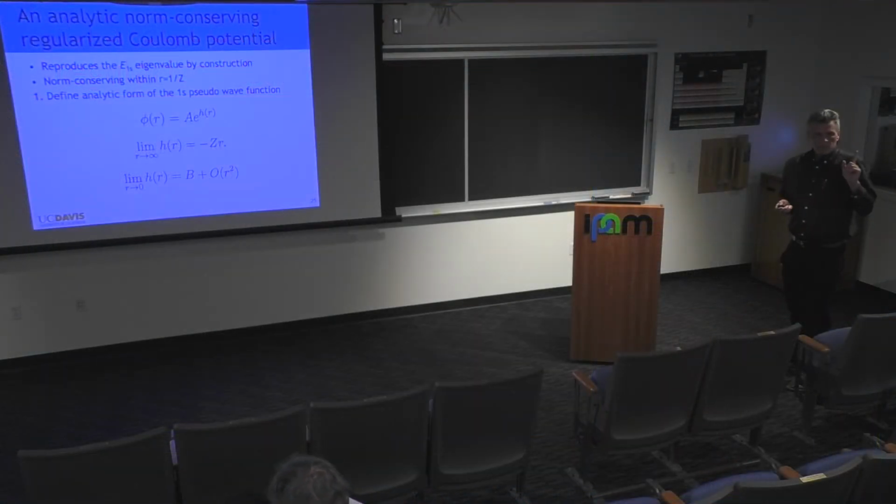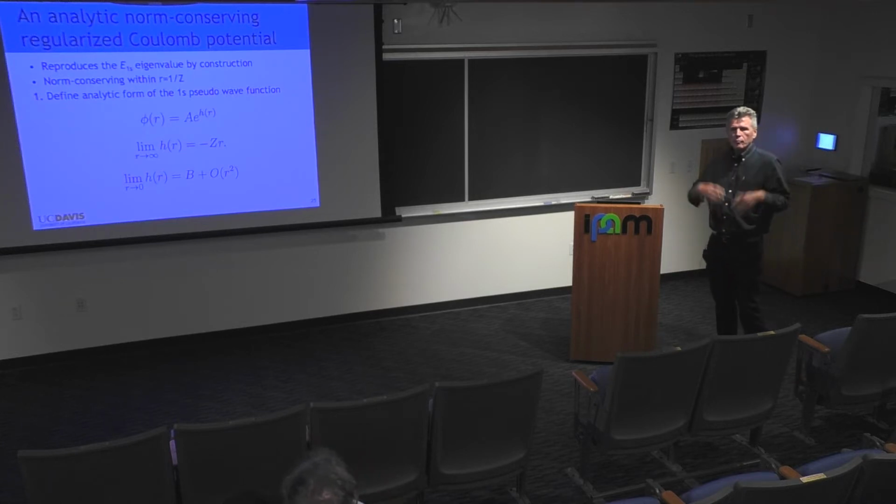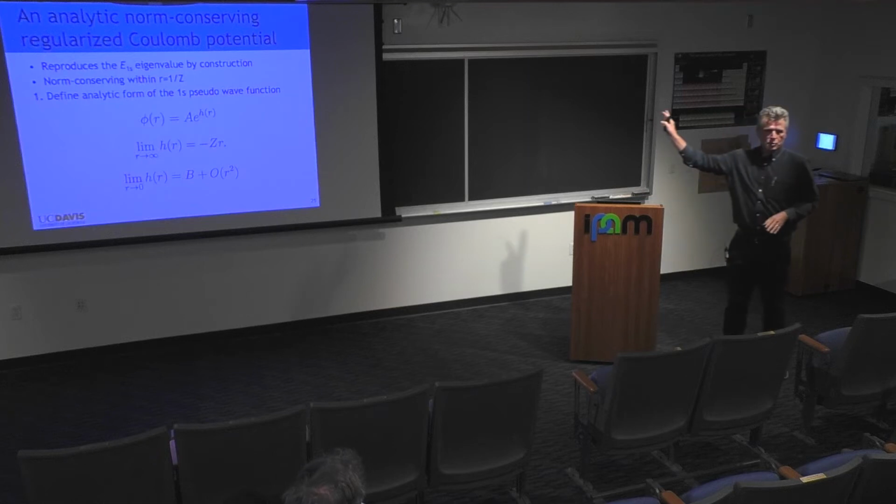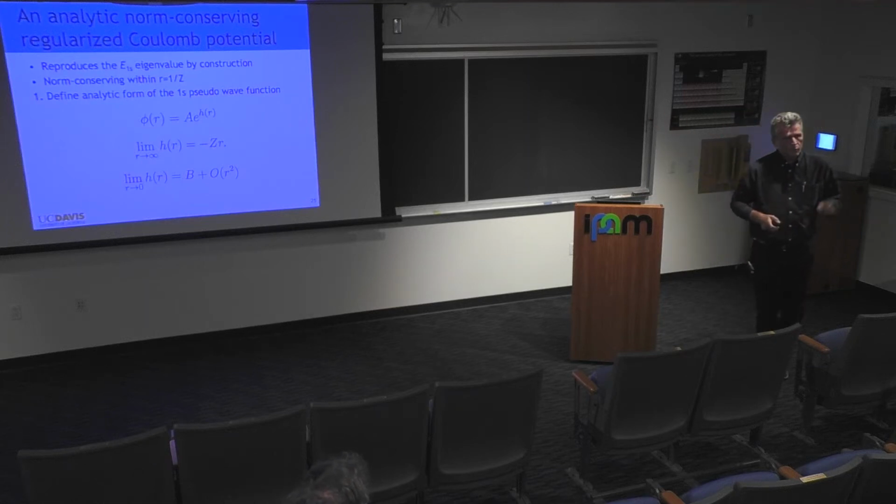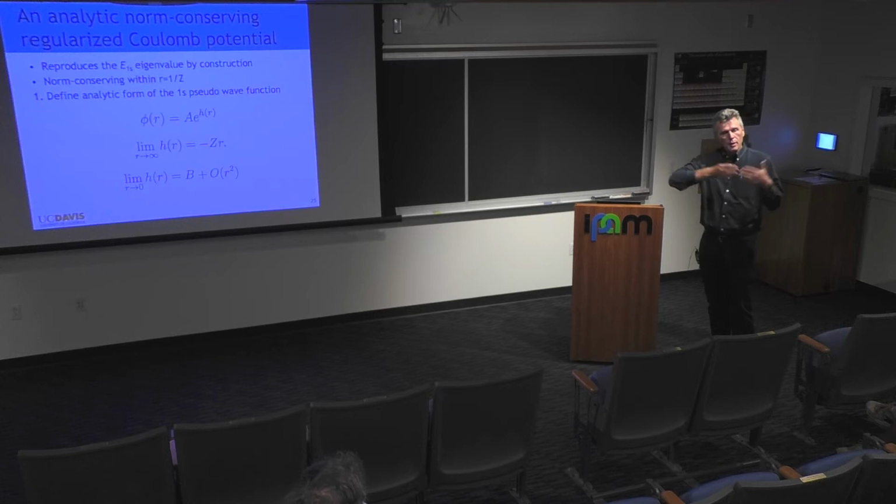But also, and that's a very important feature of this potential, it's norm-conserving within that radius. If you just take a naive regularization of the Coulomb potential, like erf of r over r, the whole thing doesn't work. It will never converge. But if you pay attention to make it norm-conserving, suddenly you see that it works. Why is that? Well, if it's norm-conserving, you will have the correct solution outside of that radius, and that will help in having correct solutions for the higher levels.